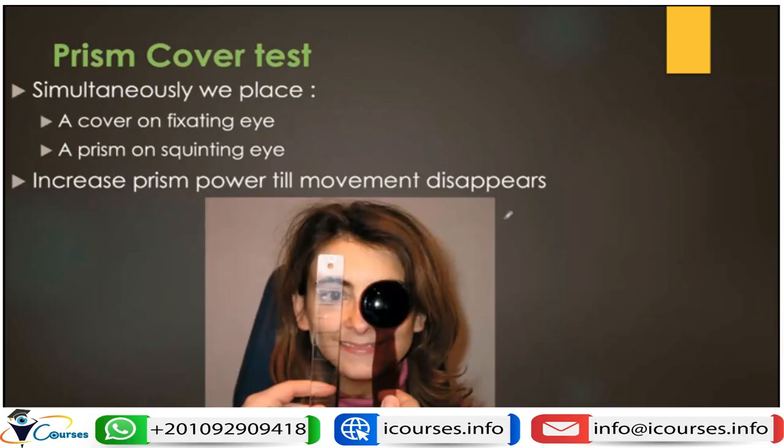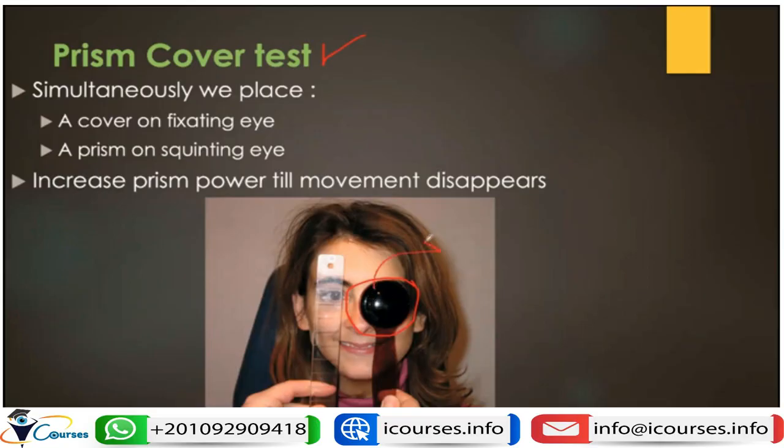What concerns us here is the use of the prism. We can use the prism in conjunction with the cover test in order to calculate the amount of deviation. This test is called the prism cover test, or the simultaneous prism cover test, in which we simultaneously put the cover in front of the sound eye, and put the prism in front of the deviating eye.